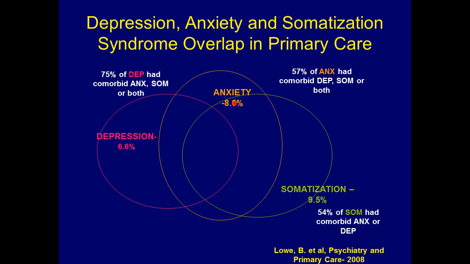For anxiety, 8%, but 57% of those individuals had comorbid depression, somatization, or both. And finally, those with a somatization diagnosis, 9.5%, 54% of those had somatization and comorbid anxiety and depressive disorders.